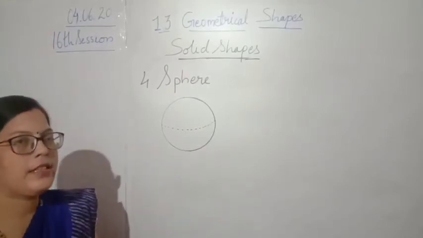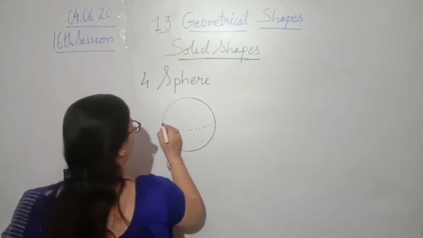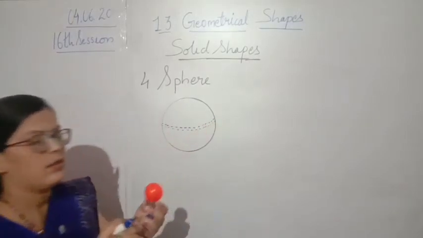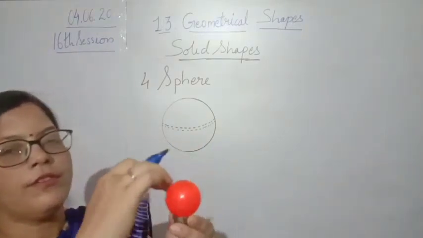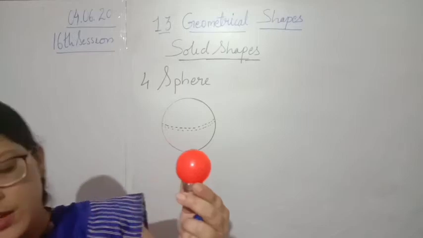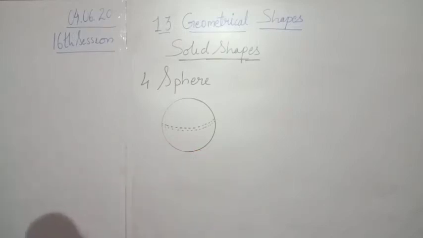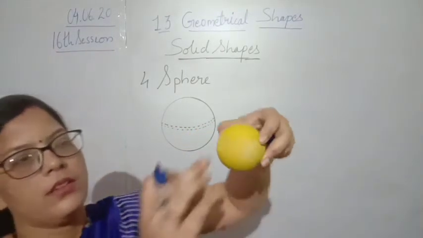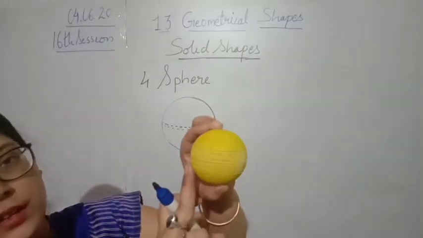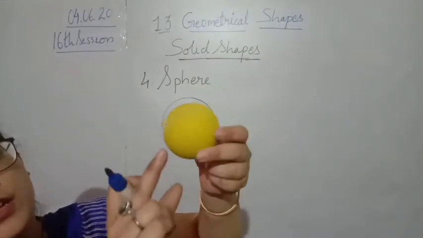The objects which have a circular face. See this bulb. It looks like a ball. See here, this ball. This is the shape of sphere.